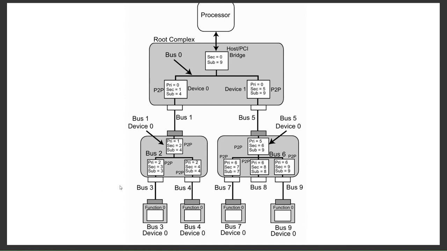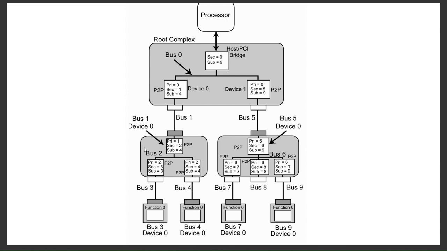And how do we assign the BDF number to the devices? For example, if we want to determine the BDF for this device, this is device 0 and its bus number is 1.